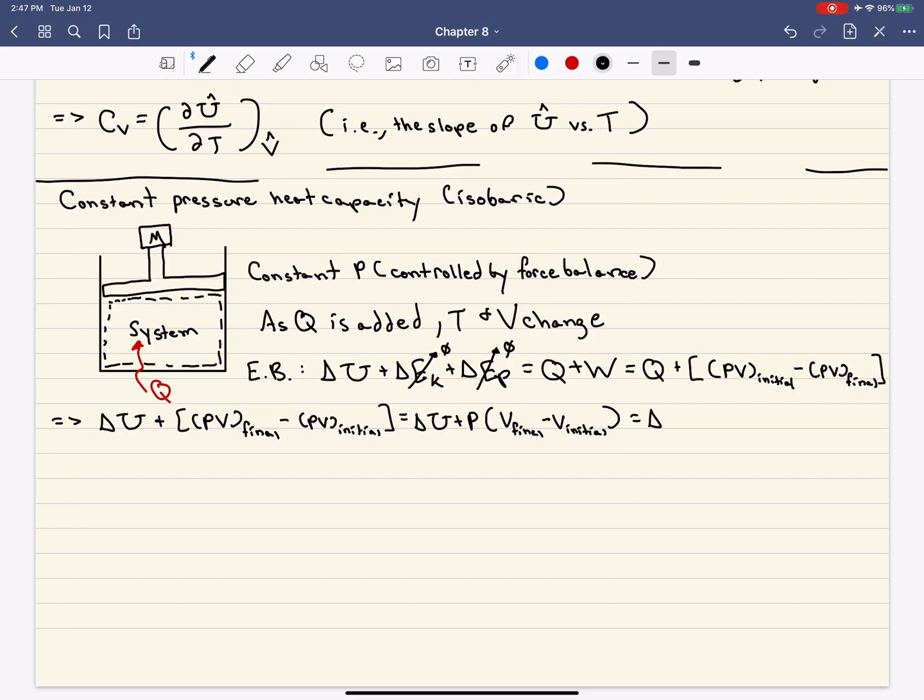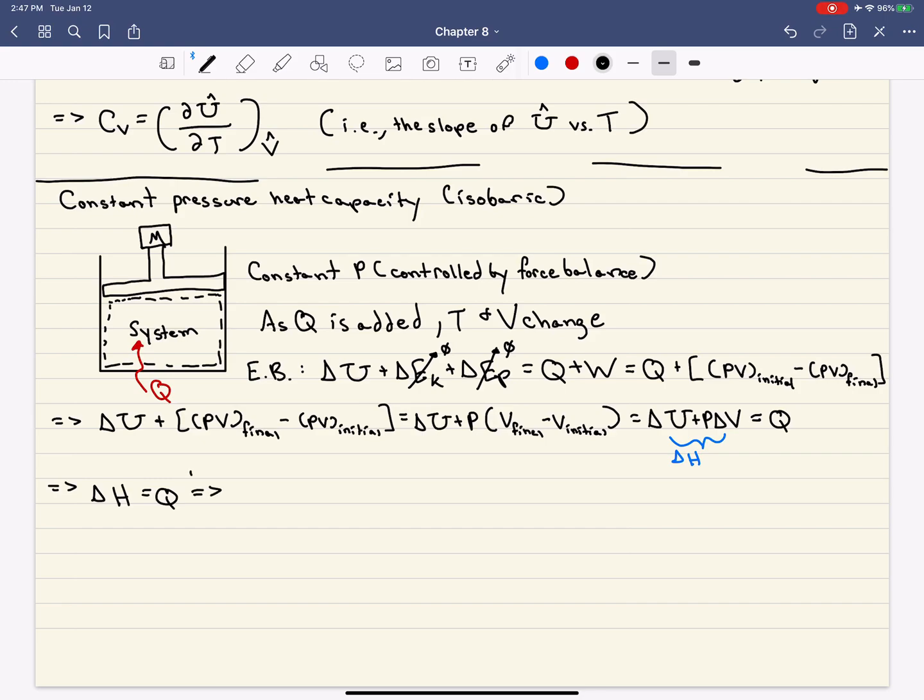Final minus initial, P delta V. That's equal to Q. Now, of course, U plus P delta V, all that is delta H. So in the end, what I have is delta H is equal to Q.